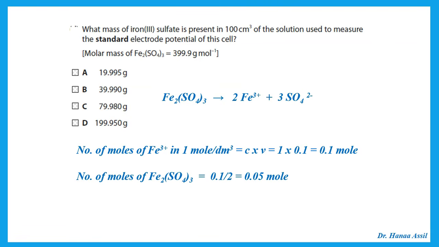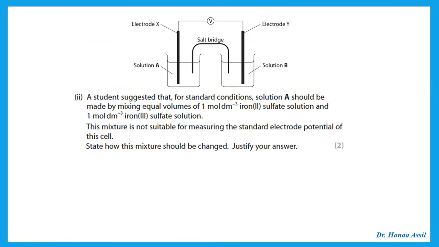So the number of moles of the iron 3 sulfate I need is 0.05, and that means the mass I need to put in the 100 centimeter cubed would be the number of moles times Mr, which is about 20 grams. Remember, the idea is we need overall 1 mole per decimeter cubed of iron 3 plus ions, and each mole of iron 3 sulfate gives 2 moles of the iron 3 plus. So based on that, how much iron 3 sulfate should we use?